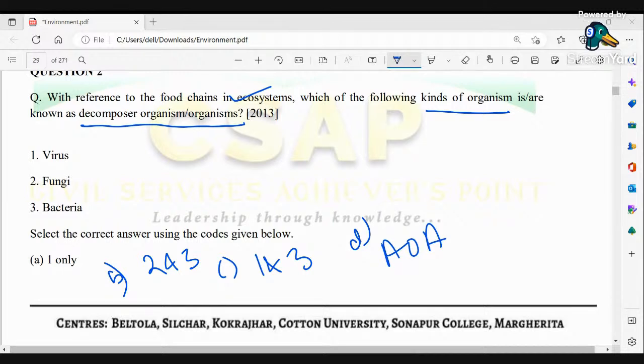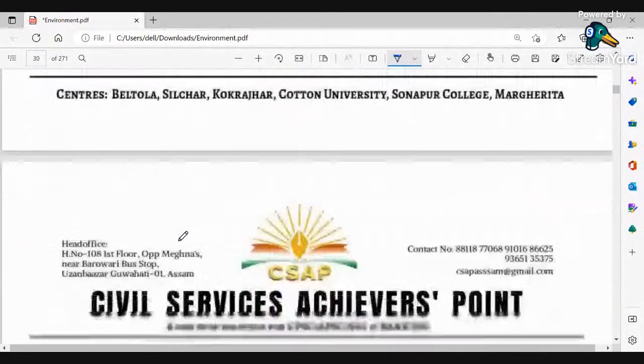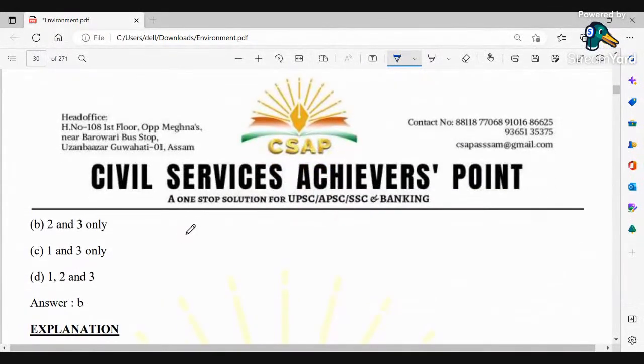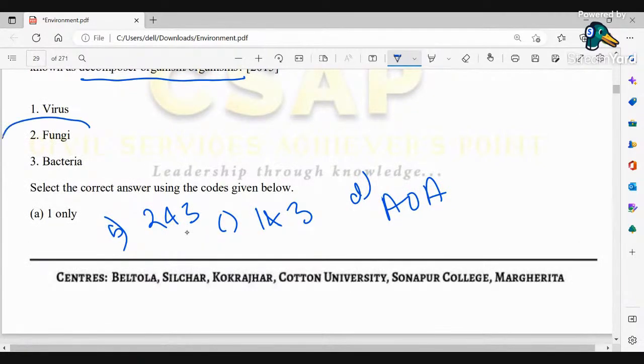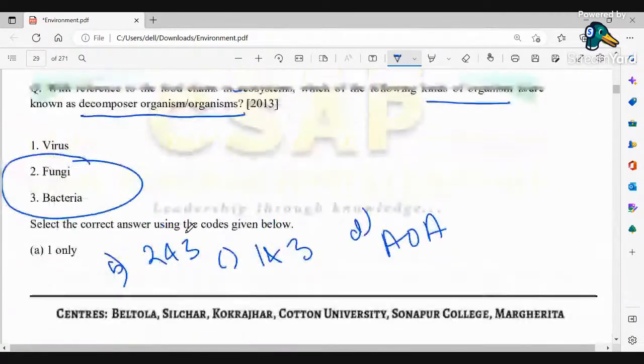Virus, fungi, bacteria. Anyone with the correct answer? No one? Okay. So here the correct answer is B, that is 2 and 3, that is fungi and bacteria. Not virus.